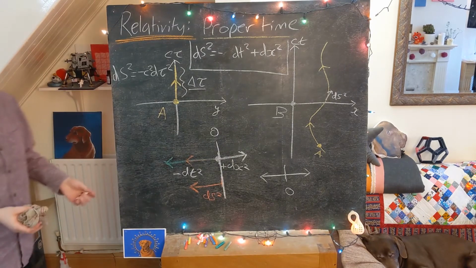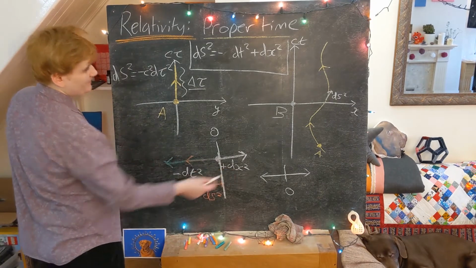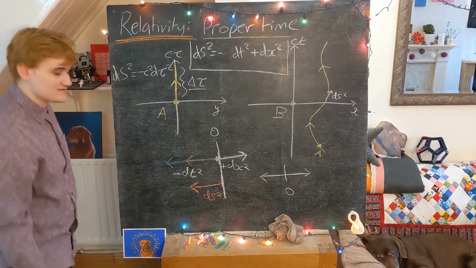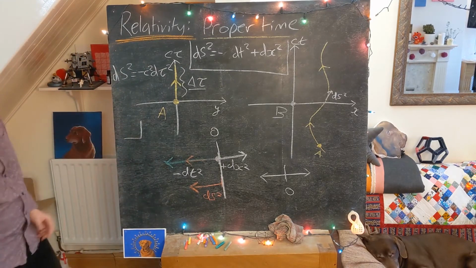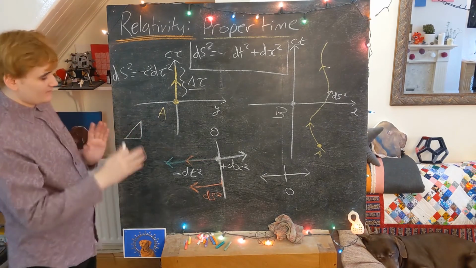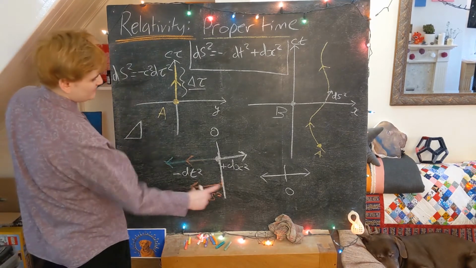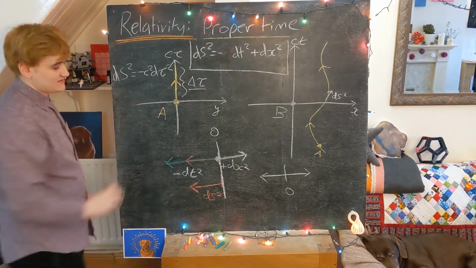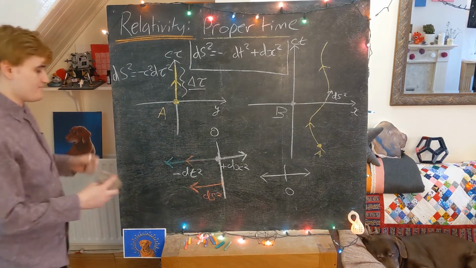Okay, so this is just a visual way to represent how these two intervals add up to make the whole line element, and it's a way to visually represent distances in a way that our brains can look and see, okay, well this ds squared, it's negative and it's going to be shorter than this dt squared and so on. So I'm just introducing you to this, and now I'm going to show you how it can be useful with this concept.